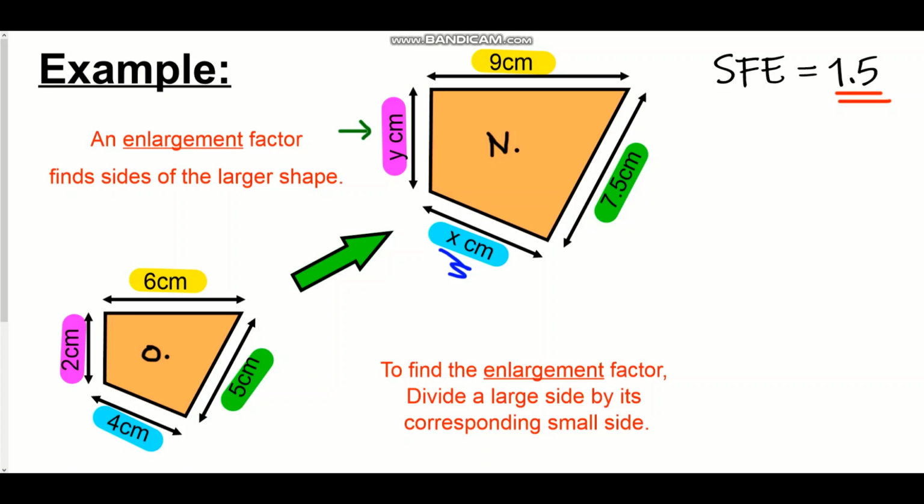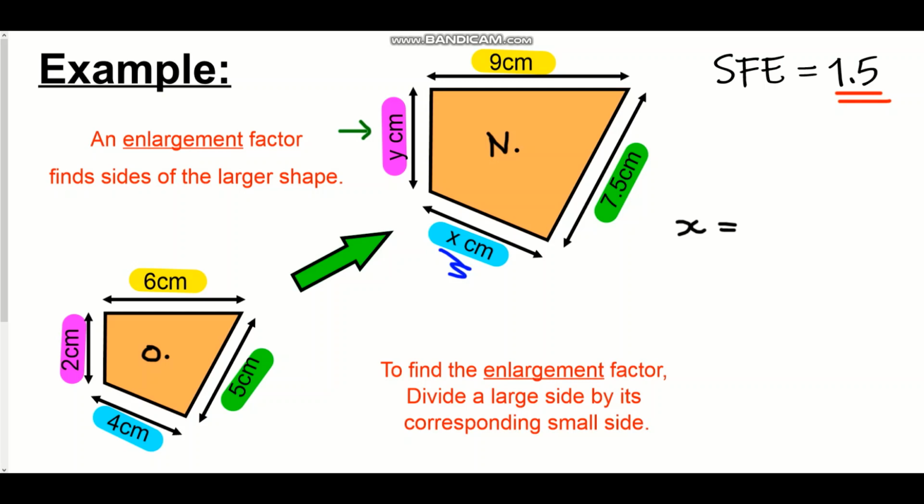So I'm going to take what I know about this original shape and figure out what I can about this new shape that is unknown to me at the moment. I'm going to start by calculating x centimeters. We know that x is equal to the scale factor enlargement multiplied by whatever the corresponding side of x is. You can see it's got a nice blue highlighter on it here. Looking down at this shape, the blue highlighter is 4 centimeters.